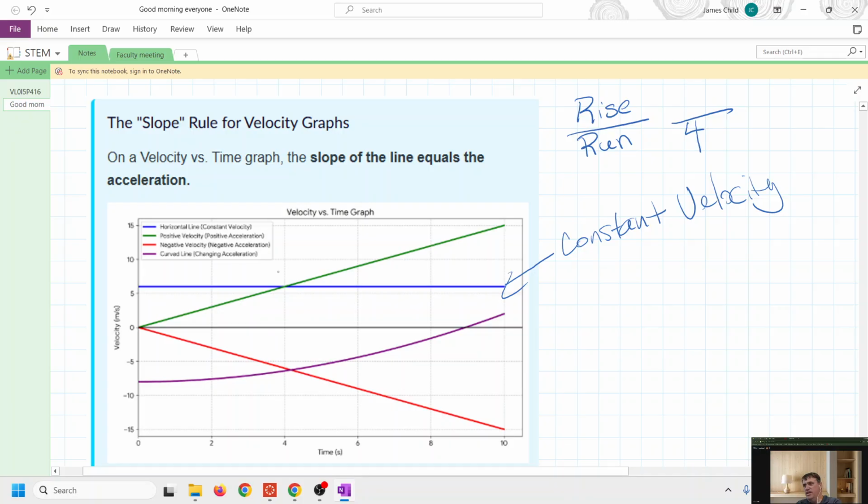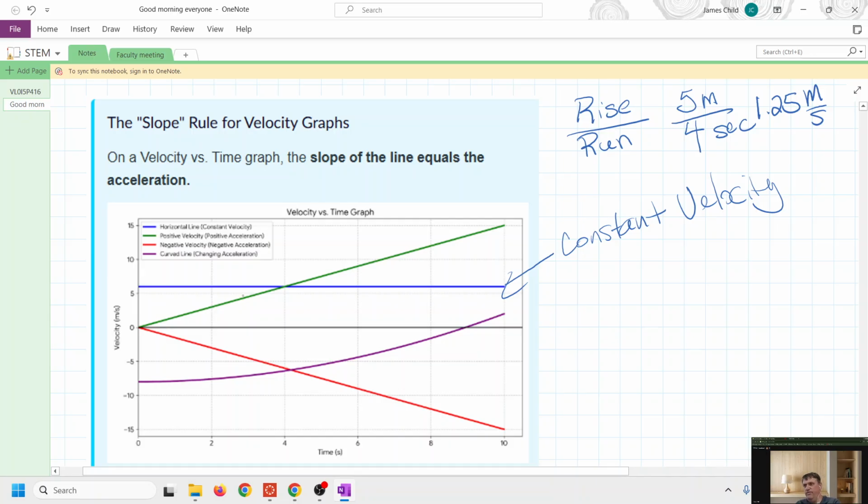And my rise is 5 meters per second. So this is meters, this is seconds. So I've got 5 divided by 4. 5 divided by 4 is 1.25. 1.25 meters per second. So I can calculate what that is.